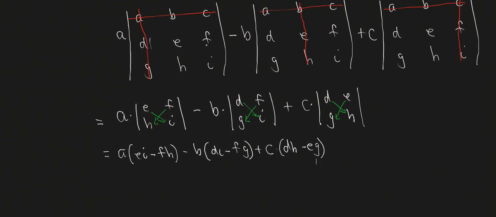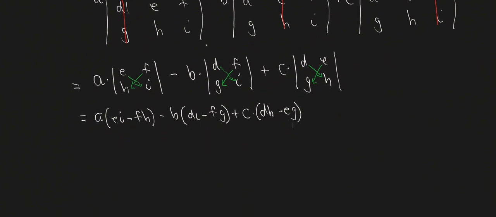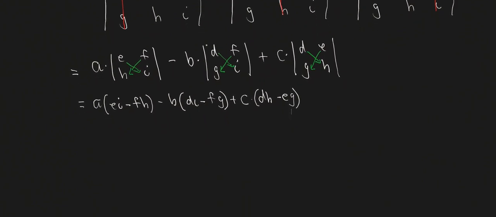But don't attempt to memorize this. Let's look at what it is when we do an actual example and focus more on the process. The other thing I'll say is that this is not the only way to compute a determinant. There are lots of other ways.